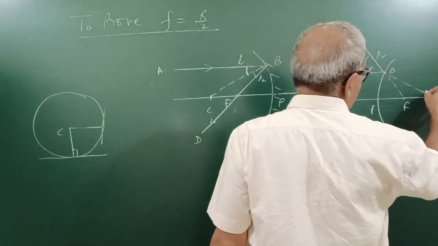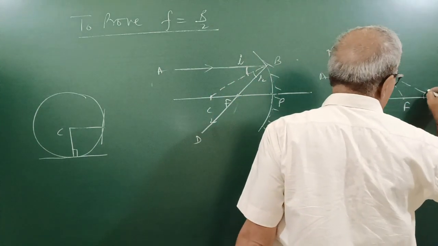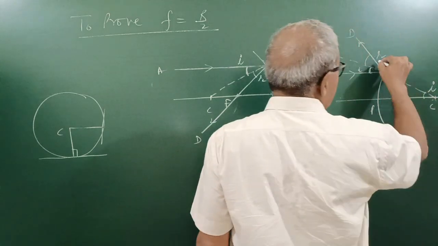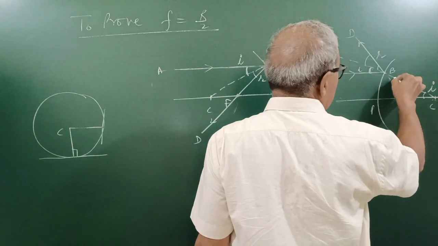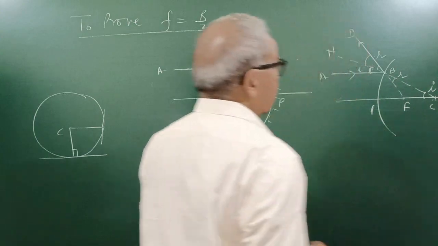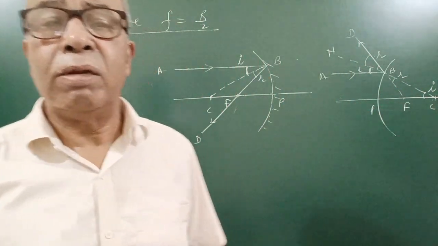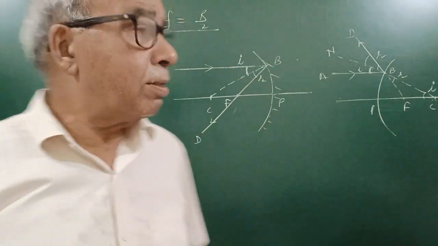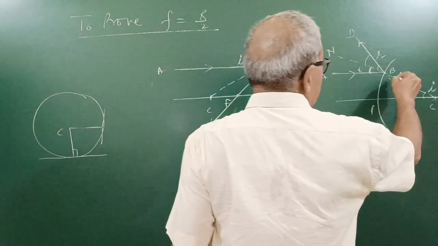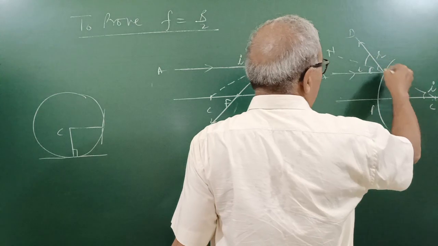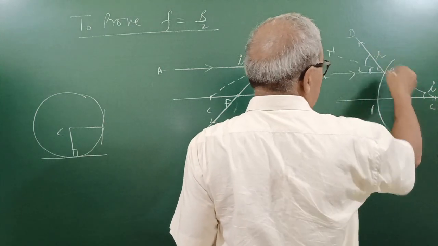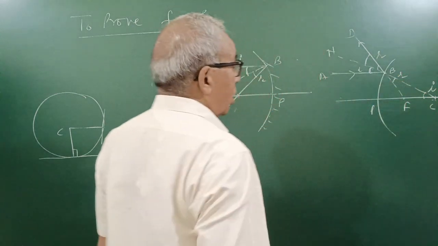So corresponding angles are equal, so this is angle I also. Here vertically opposite angles are equal, so this is R. I think this is simple to understand. Are you able to understand? Tell me. This is the angle of reflection, and the vertically opposite angle is equal to R.